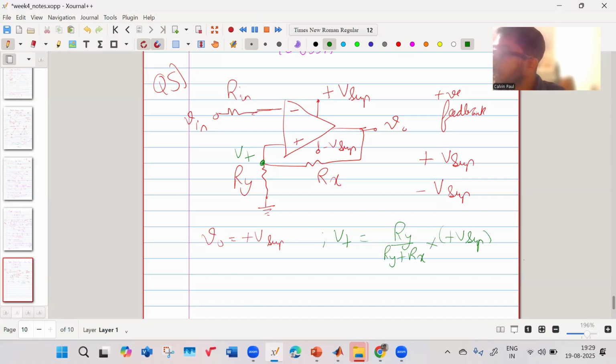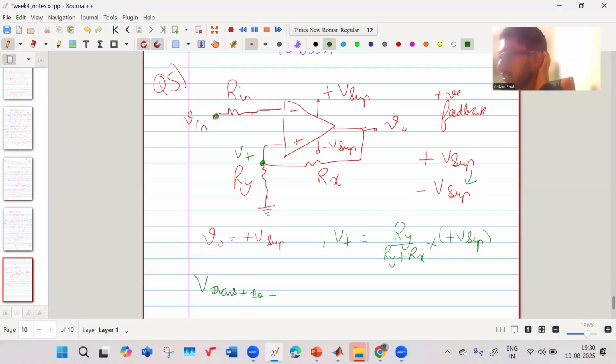So what you are looking for is the transition point, when it goes from positive to negative. At some input voltage, my output will go from plus V supply to minus V supply. So what would be that point?